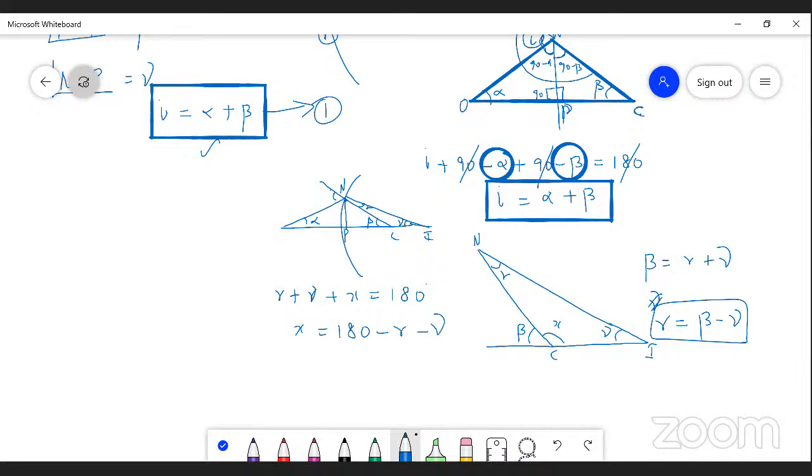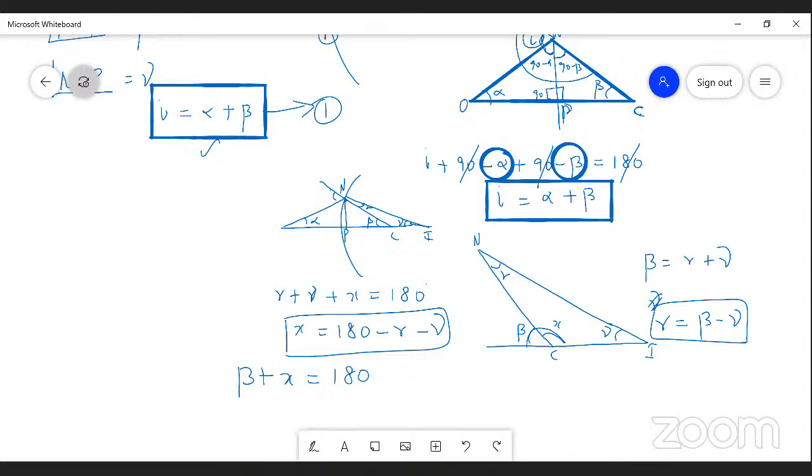But the sum of x plus beta is equal to 180. So beta plus x is equal to 180.